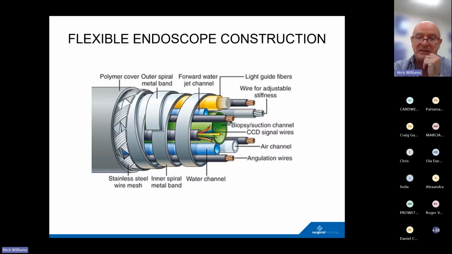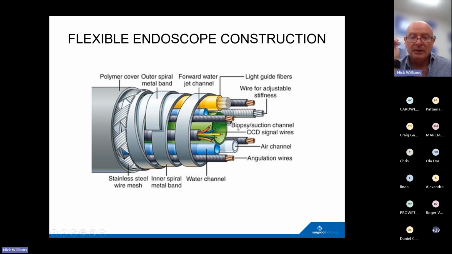I actually got many years involved with the development of the adjustable stiffness scope in this country. And I think from start to finish, that took about 12 years. So although these look fairly basic, there's been a lot of development in them.